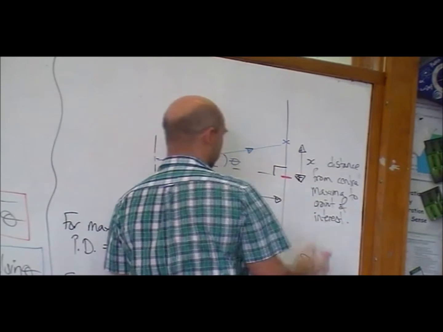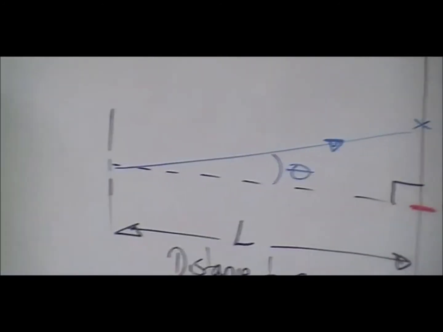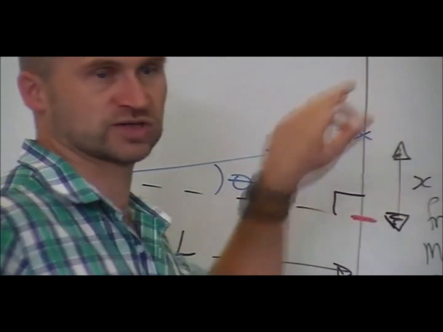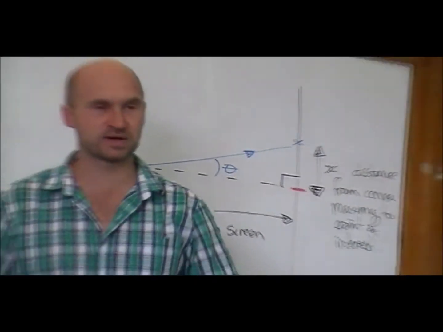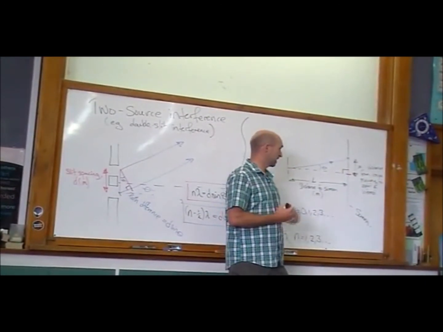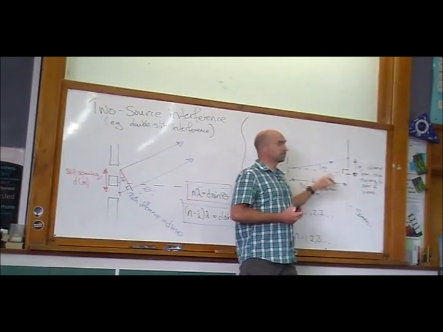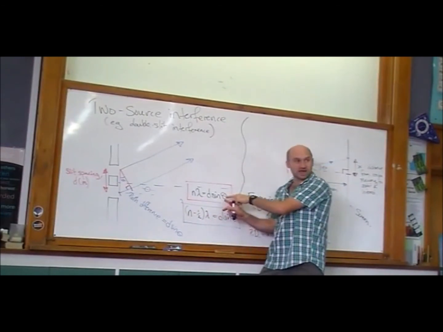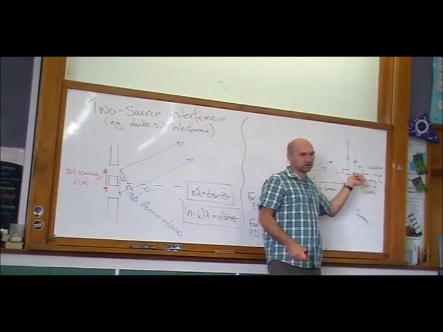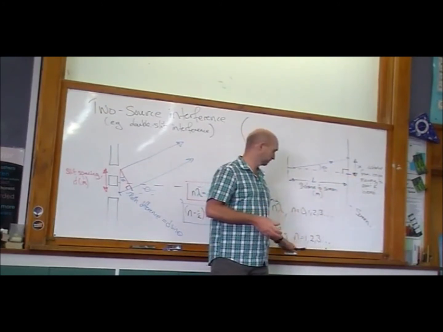The central maxima is there, so the X is the distance from the central maxima to the point of interest, whatever that point is, the maxima or the minima, whatever you're trying to find. We've got the X, we've got the L, we can find the angle, and then we can apply that triangle to solve any problem.